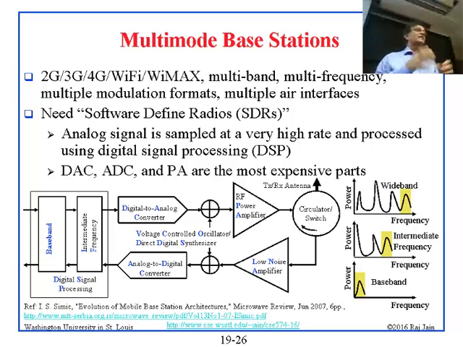Normally we know the frequency, so we put the filter and do all the processing depending on the frequency. In this case, we don't know the frequency. Right this second I'm processing this band, next second I'm processing that band. This is multimode, and therefore we have to process all the bands. So we do all of that in software. In the hardware, we do sampling at a very high frequency.